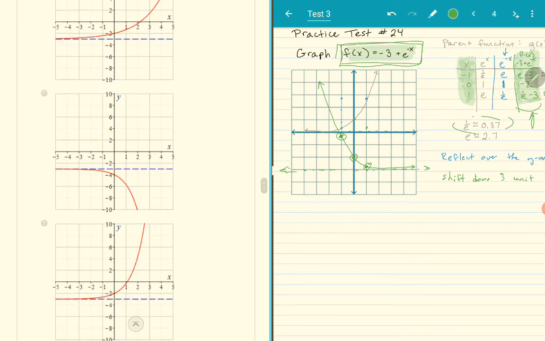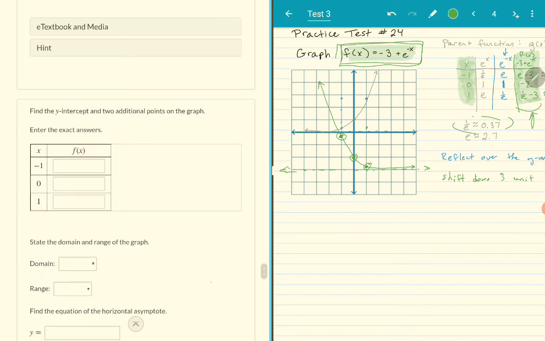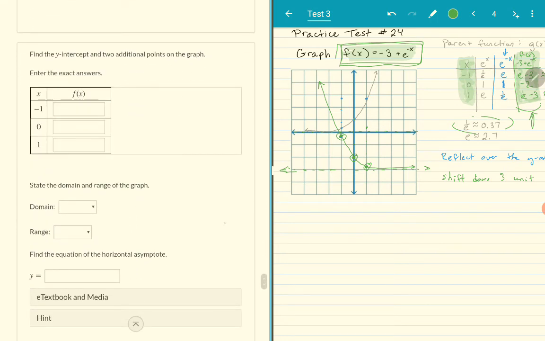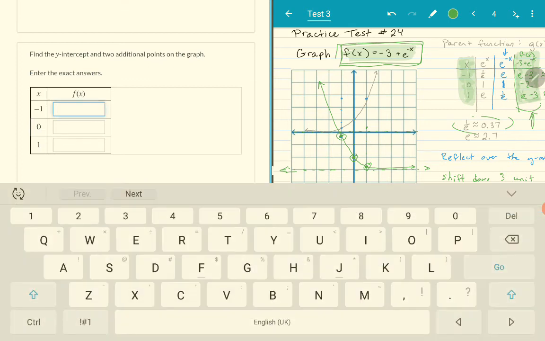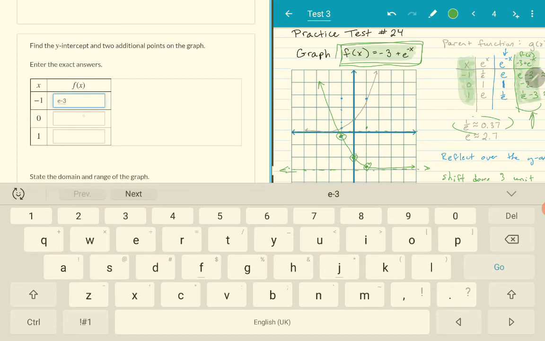And then moving down to part 2, where I have to put in that x table. So we found when x equals negative 1, this function is e minus 3. And when x equals 0, the function's value is negative 2.